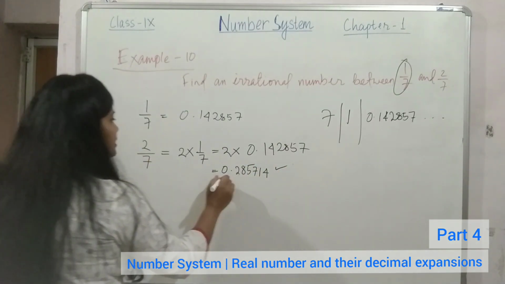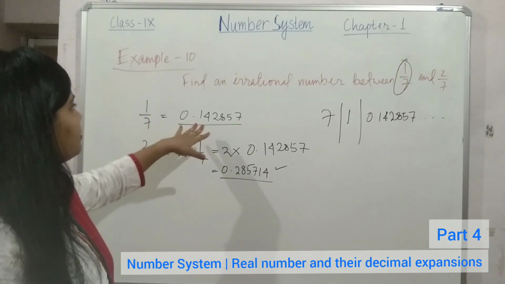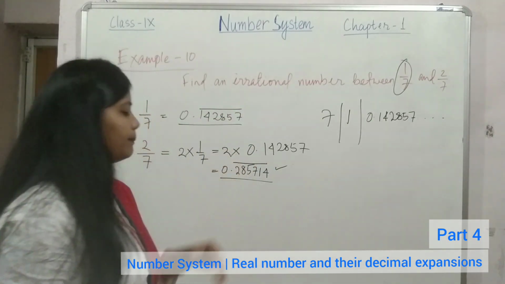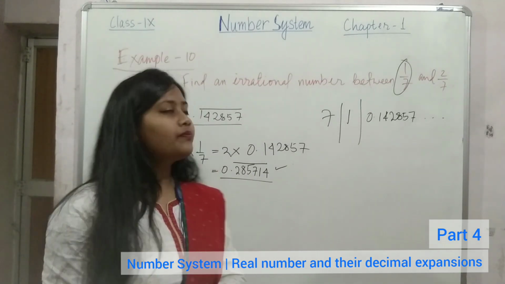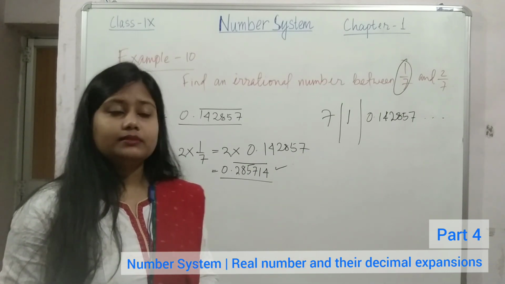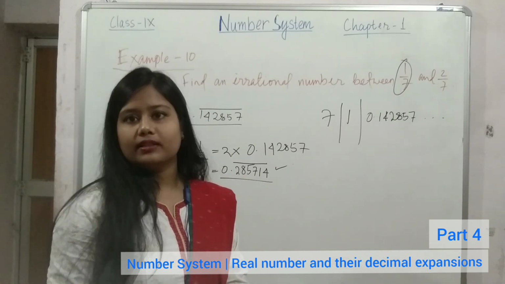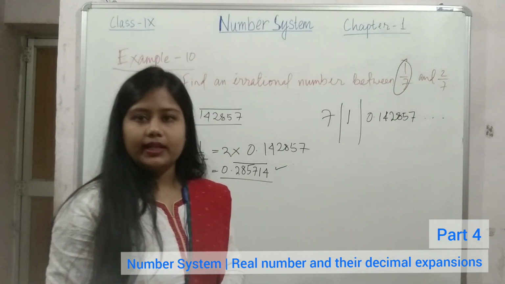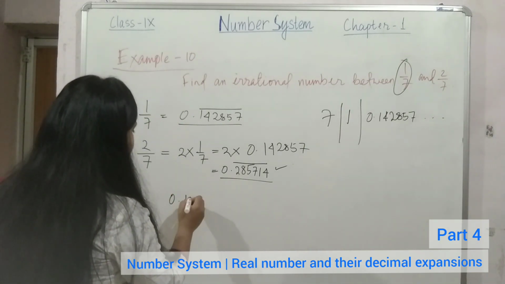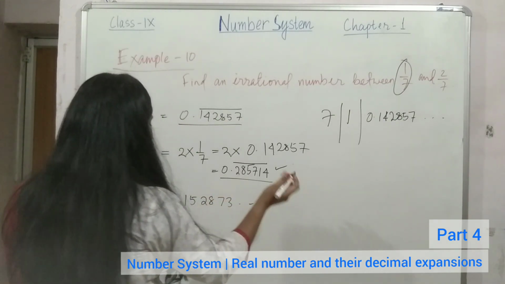2 upon 7 is this, 1 upon 7 is this. So we need to find a number between these two. Actually this repeats, so there will be a bar over the decimal digits, and there are infinite numbers between these two non-terminating recurring numbers. So any one we can write, one of them is 0.152837, it may go on.